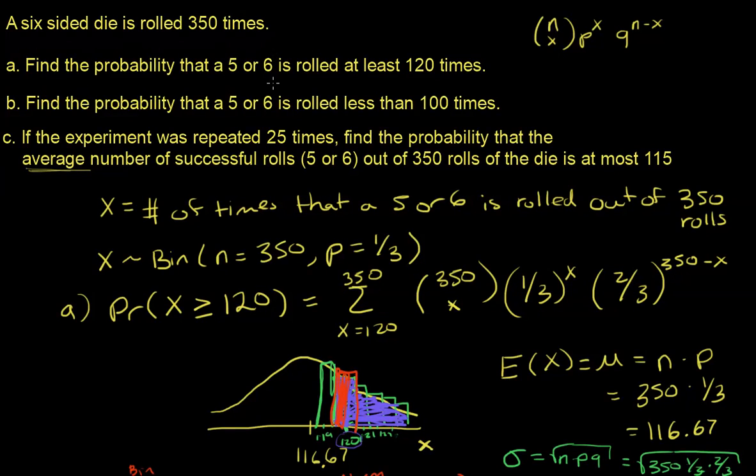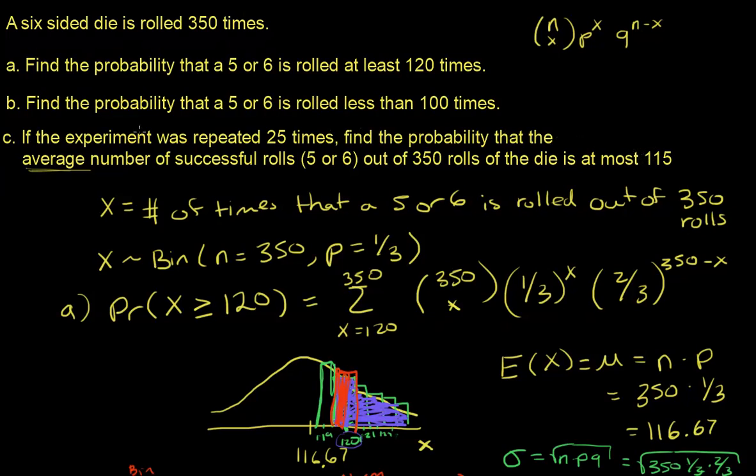The third time, there might be exactly 118 5s or 6s. So we're going to roll it 25 total times, and then see the average number of successful rolls out of the 350 rolls. We want to know the probability that that average is at most 115.